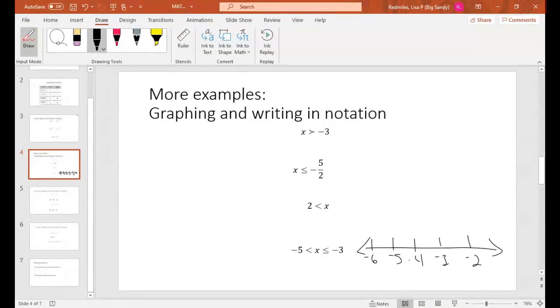And so when we have it written like this, it means we're in between -5 and -3. This one is including -3, so it gets a closed circle. And again, our notation: -5, comma, -3, bracket.